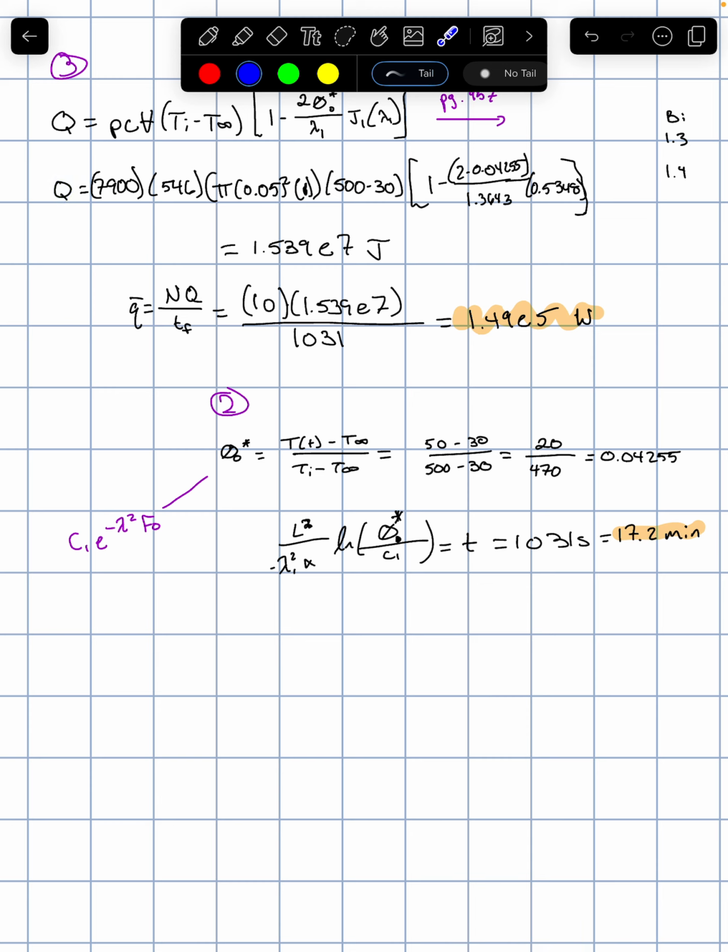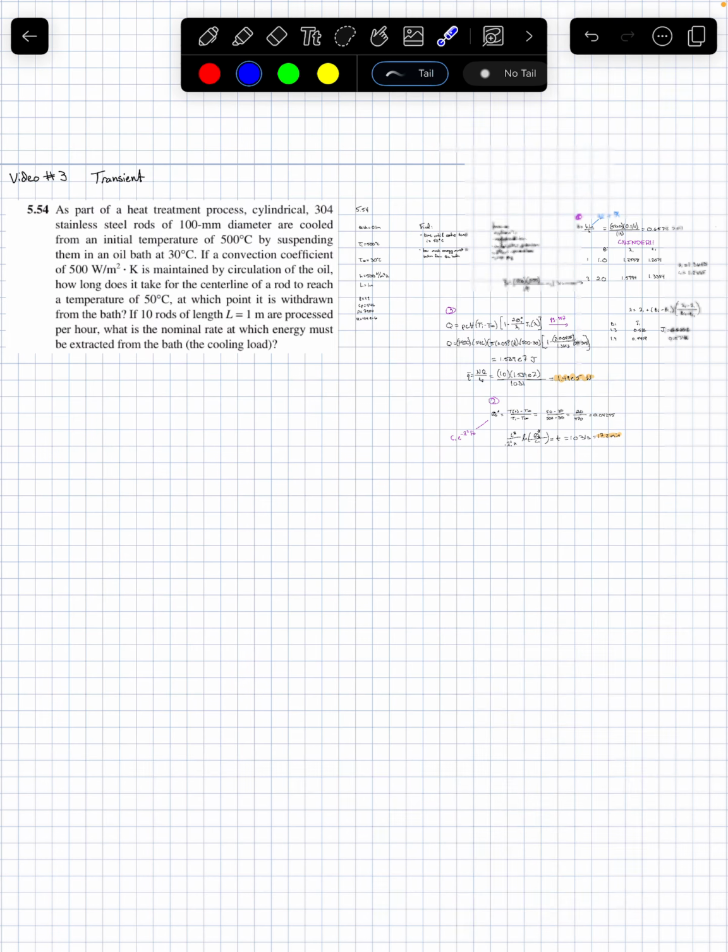So now that's the max energy load from one rod irrespective of time. Now we need to add time and the number of rods into the equation. So we have this Q bar is equal to N times Q over the final time. Plugging those things in, we get 1.49 e to the 5 watts. And that's that.